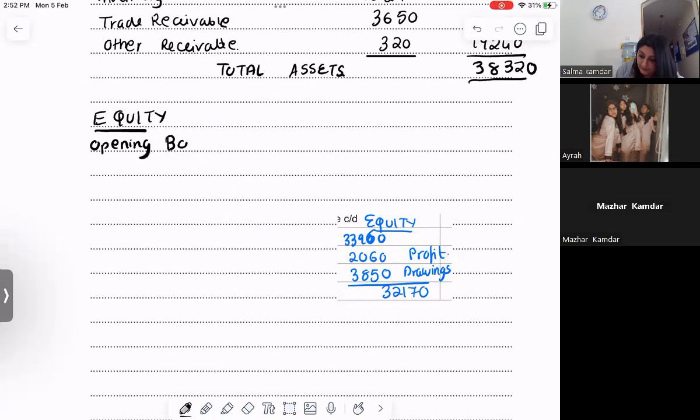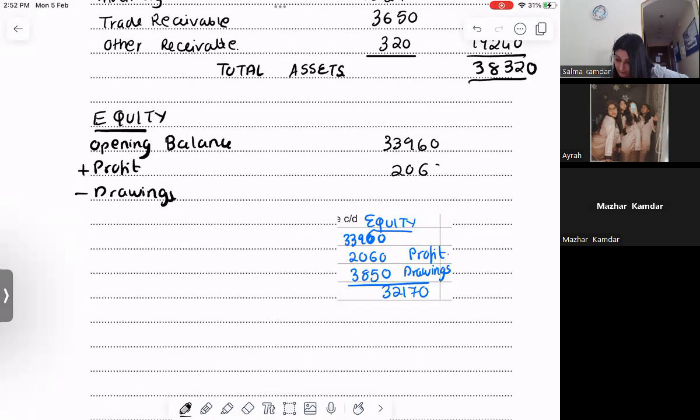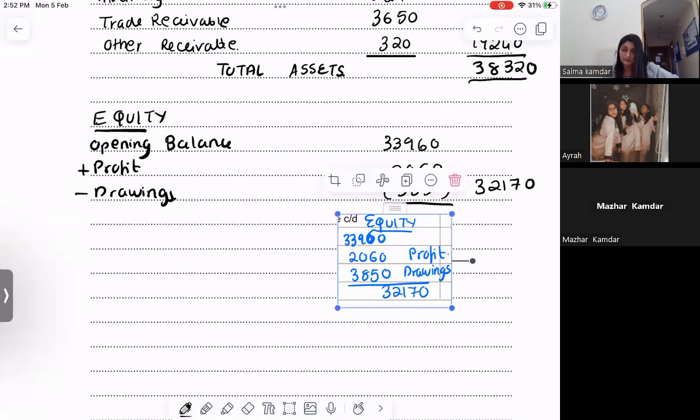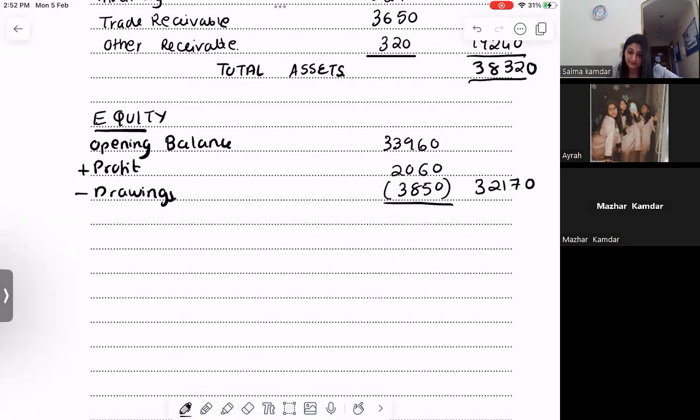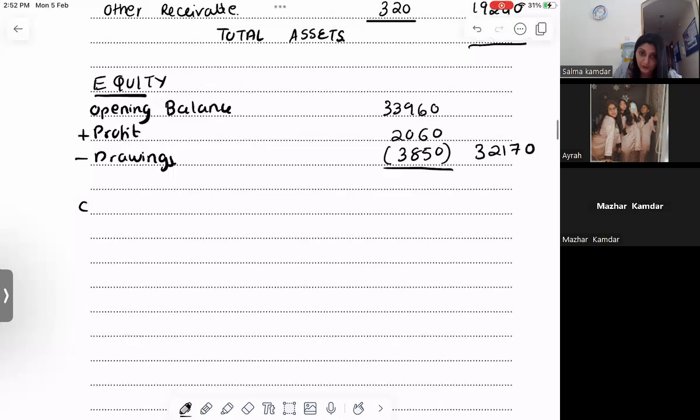It's opening plus profit minus drawings will be closing. I need the main amount in the last column. Correct? Then you don't have any non-current liabilities. You have current liabilities, non-current liabilities we don't.